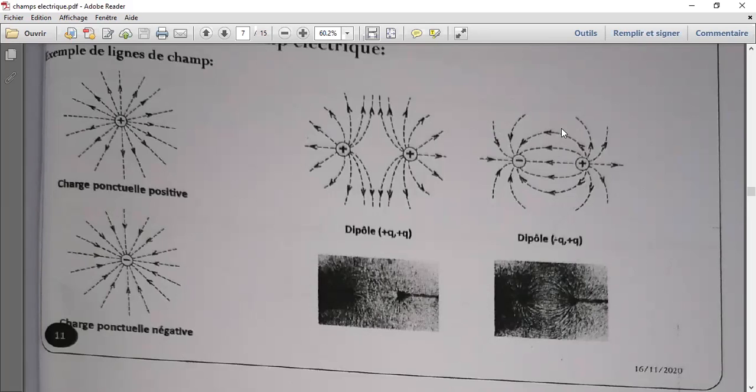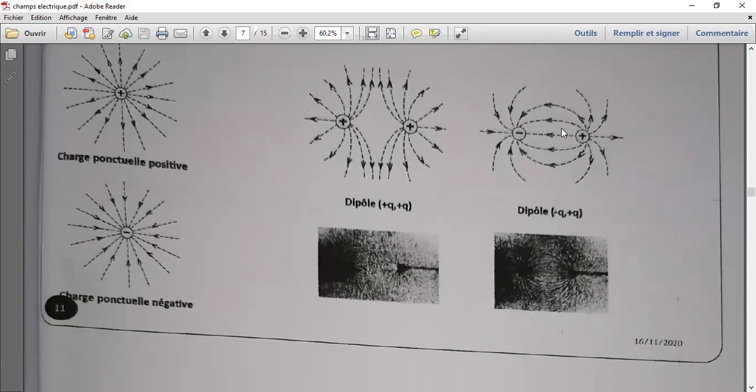Simple as that. I've never seen a question where they have given you lignes de champ and ask you to indicate the champ électrostatique, but in that case you don't have to have any difficulties. You just check where a curve is made, and from there just draw a tangent. So that's what the first point is saying.